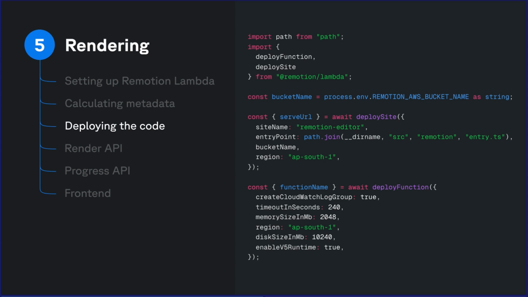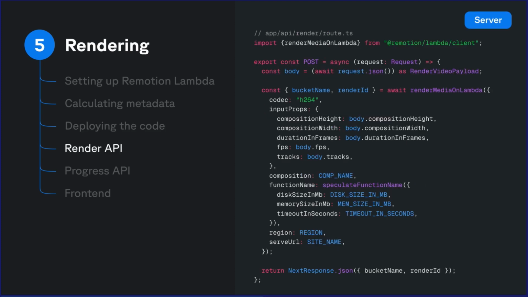We are deploying a Remotion Lambda function as well as our code. This would look something like this. And we are creating a rendering endpoint. Here, I've just used Next.js, but the cool thing is you can pretty much implement this in any React framework.